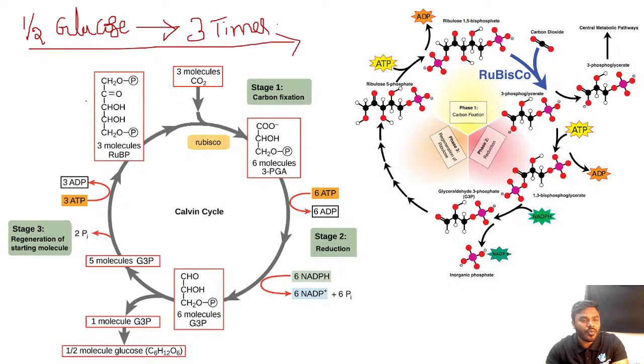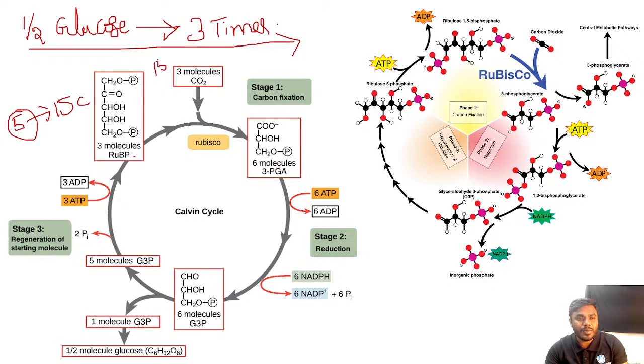So if one time needs 1 RuBP, then 3 times needs 3 RuBP. We already read, my friends, 1 RuBP accepts 1 carbon. Then 3 RuBP accept how many carbons? 3 carbons. 1 RuBP is how many carbons? 5 carbons. So how many RuBPs are there? 3 RuBPs. So total how many carbons? 15 carbons.